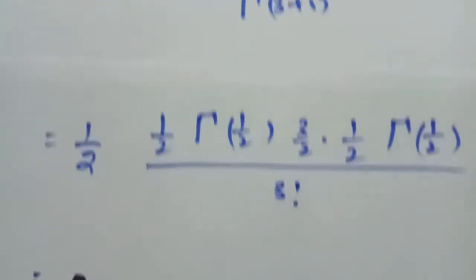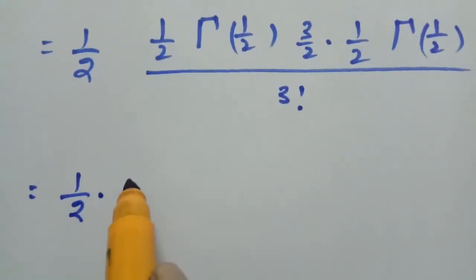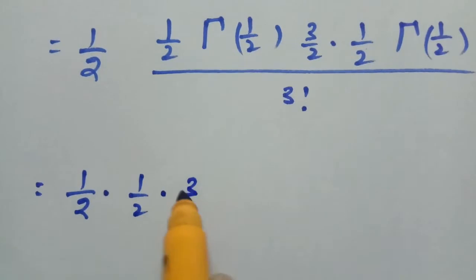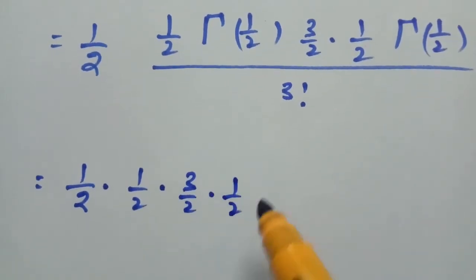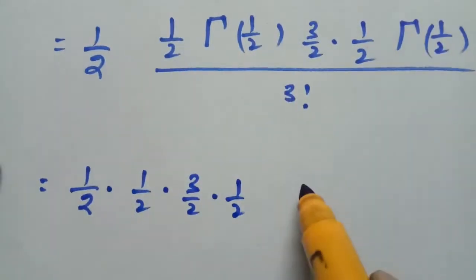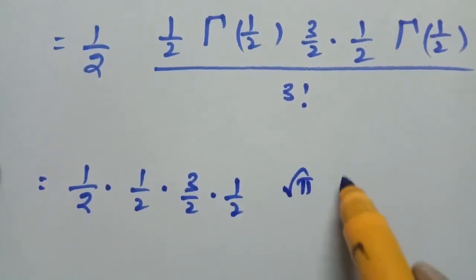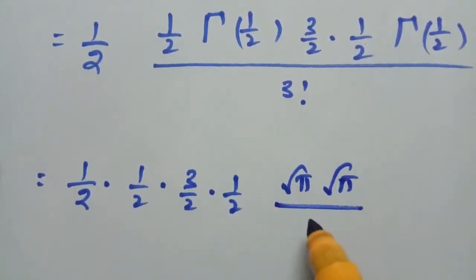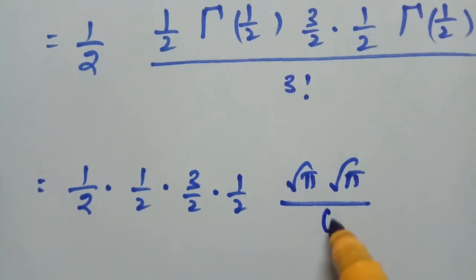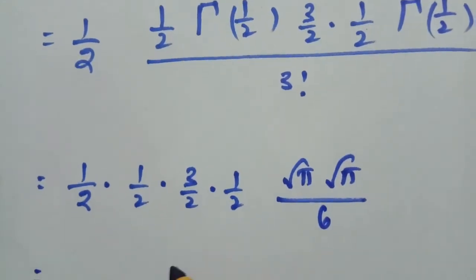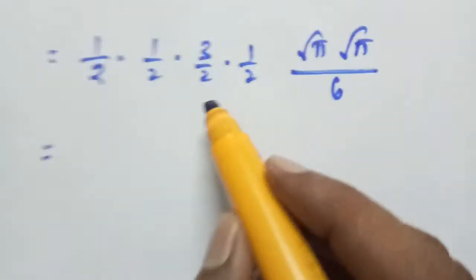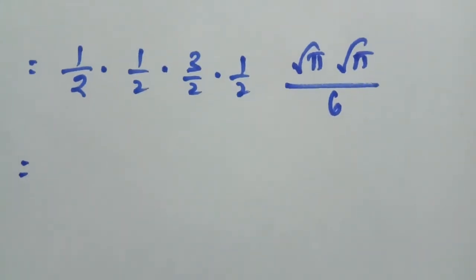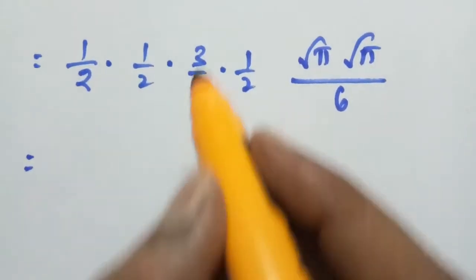Therefore this is equal to 1 by 2 into 1 by 2 into 3 by 2 into 1 by 2 into root pi into square root of pi by 3 factorial, that is 6. So therefore this is equal to, now 3 ones, 3 twos.